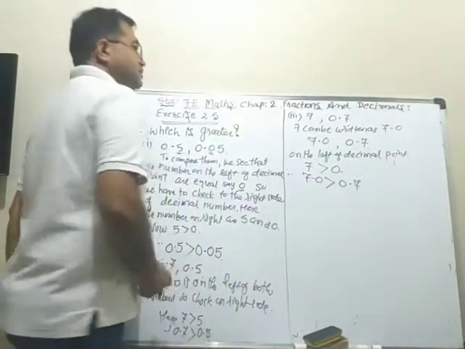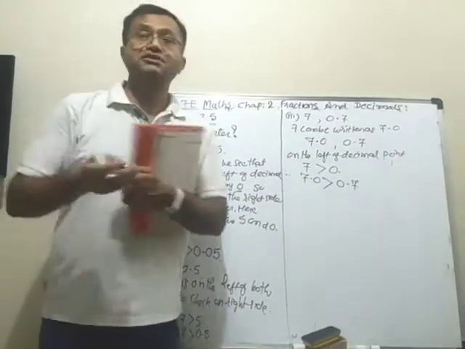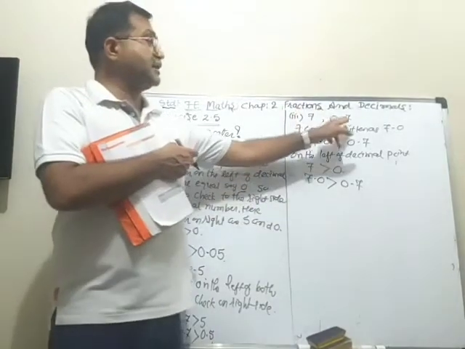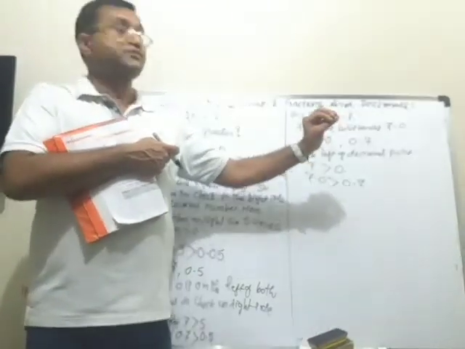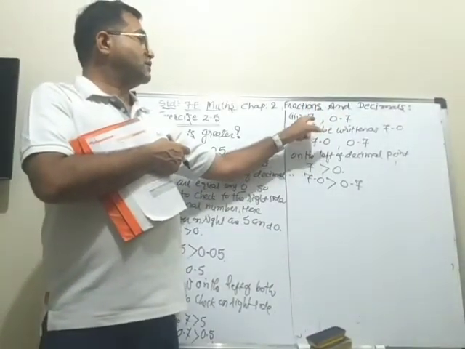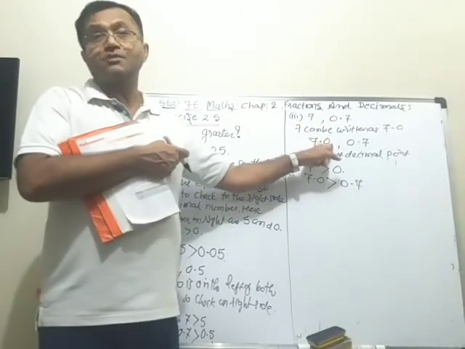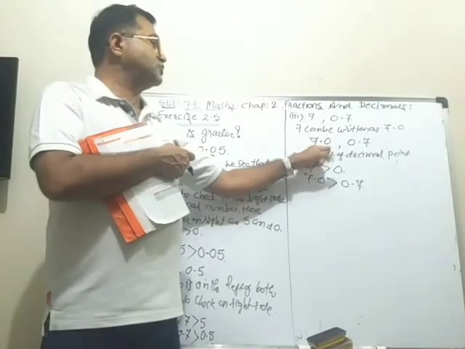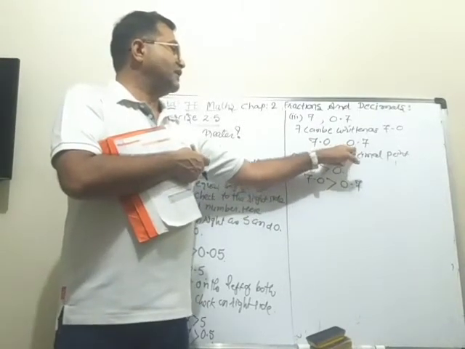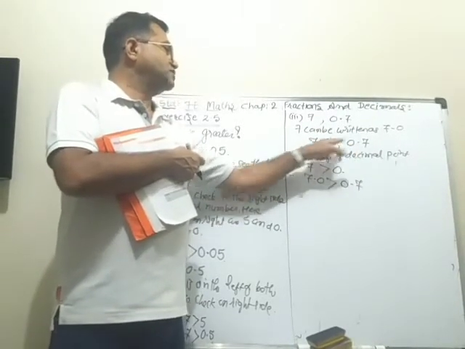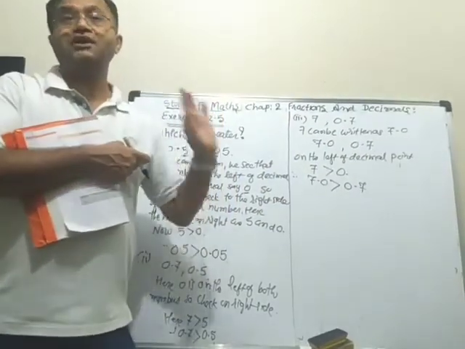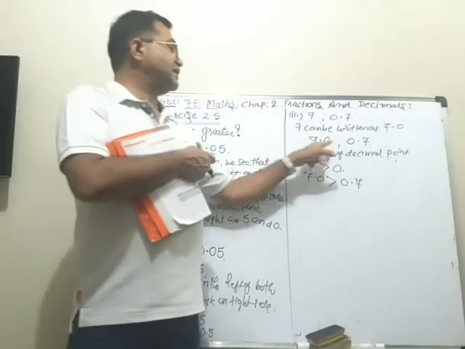Here, if one number is a whole number and the other number has a decimal point, then for the number without a decimal point we have to put a point and 0 behind it, meaning 7.0. While comparing, you can see that both digits on the left are not equal, so we can compare directly.